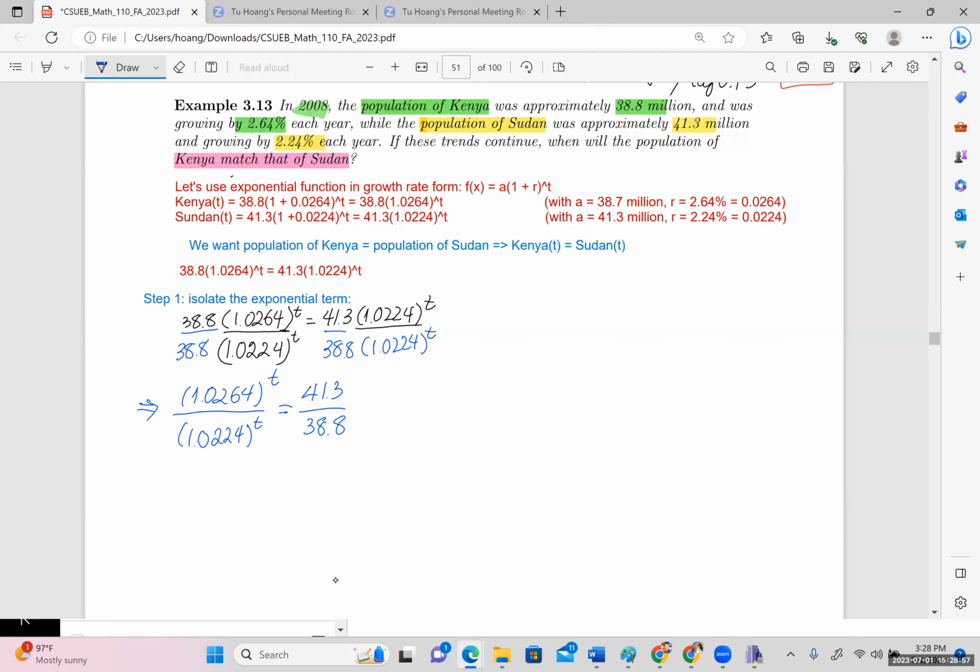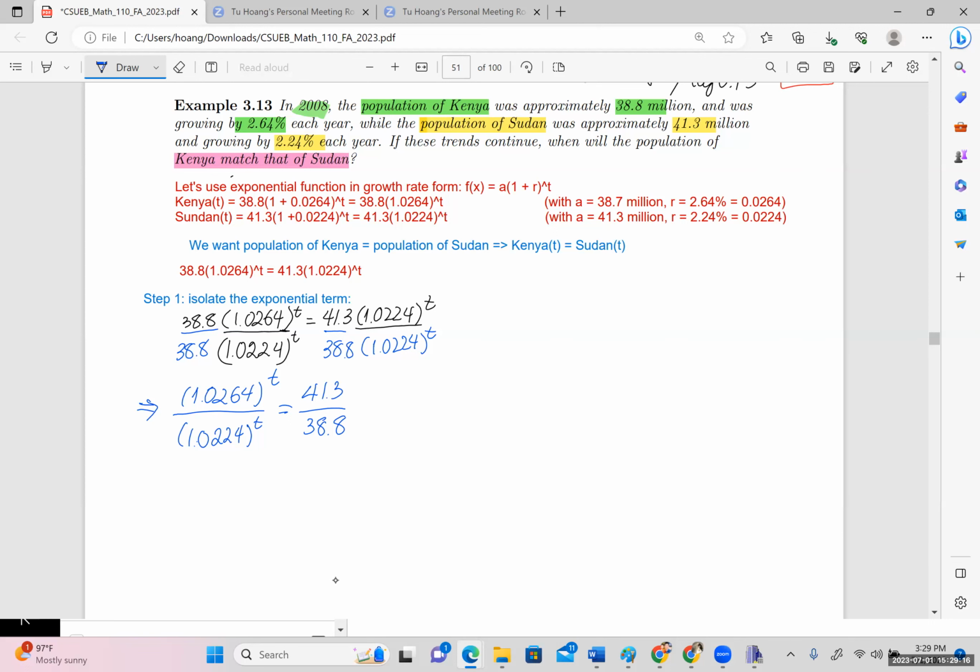So let's simplify. Right now, I have the left hand side in a fraction form with two exponential terms, right?